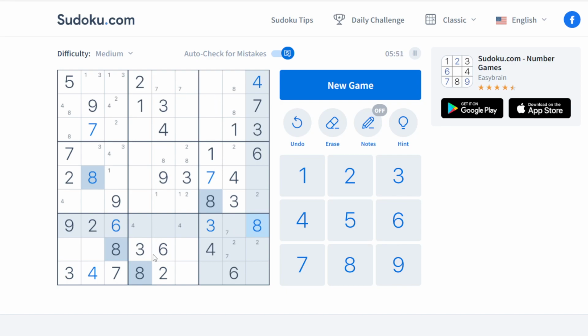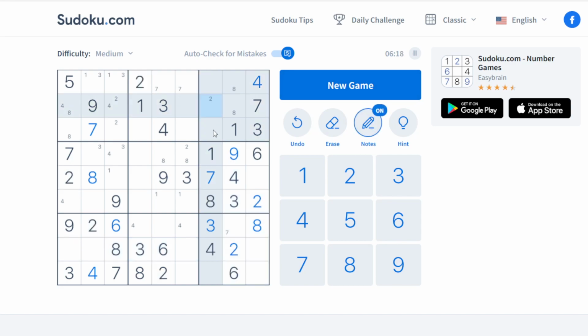Okay, I think that's good for now. And let's take a look at these 9s. Right away, I know this is guaranteed to be the 9. And with that, we know this is going to be the 2 from our previous note. And with that, we know that this is guaranteed to be the 2.